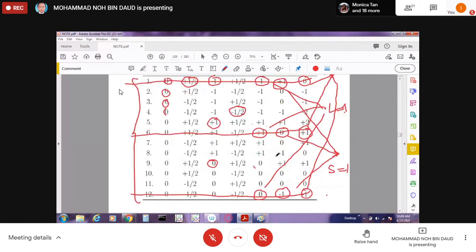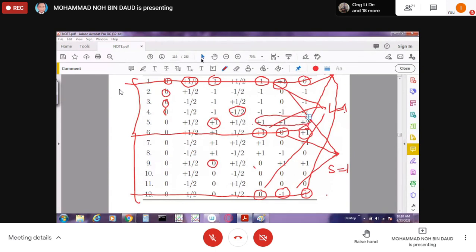So S and J together. Okay, so we can choose this one, positive. Let's say we want to choose this one for J2. I use a different color.